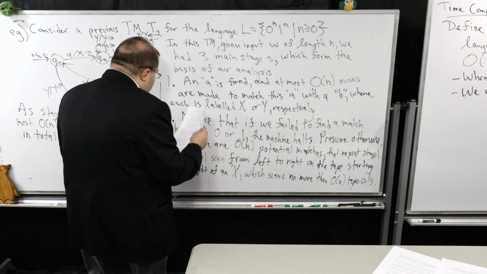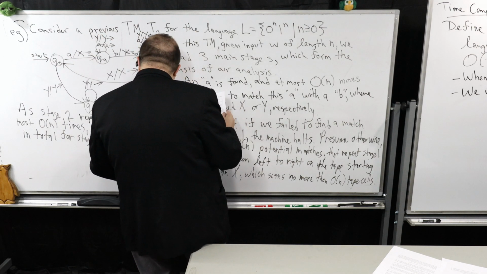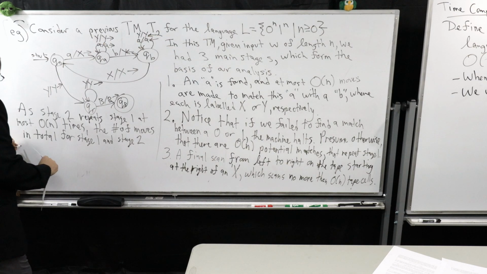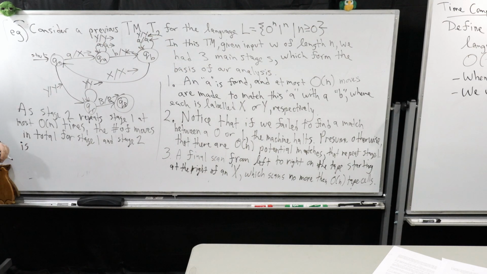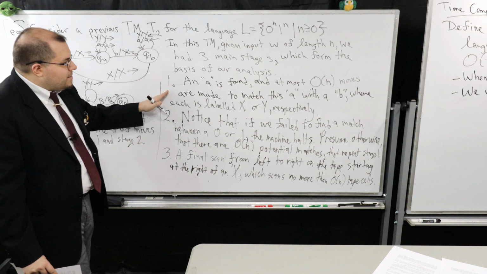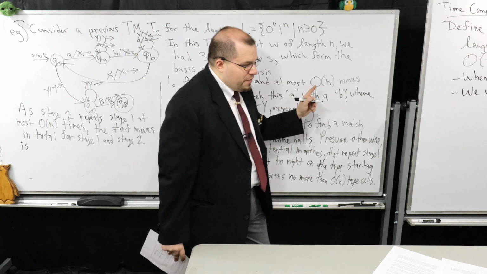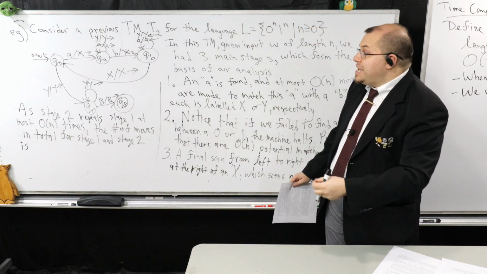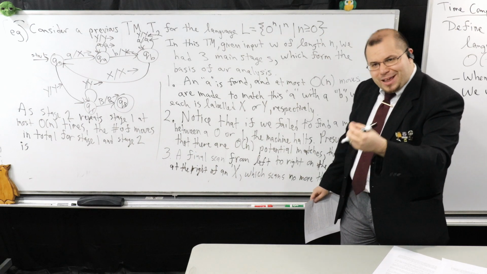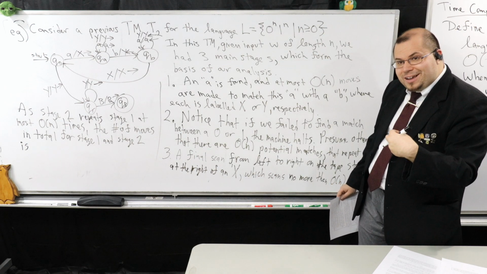Can somebody tell me how many moves are there in total for stage 1 and stage 2, in terms of big O? Well, it's not n, but them together. Because notice that it does stage 1, which performs big O of n moves, but it repeats this big O of n times, right?